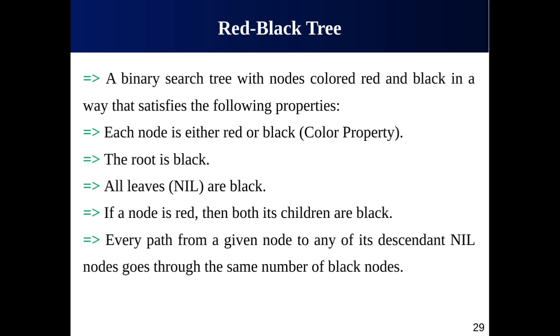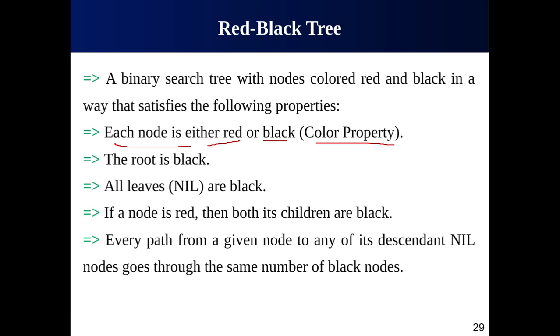For example, each node in this tree will be either red or black. And this is sometimes known as the color property of the red black tree. The second property is that the root is always black. The color of the root node will be black.